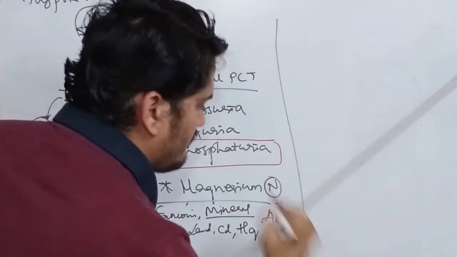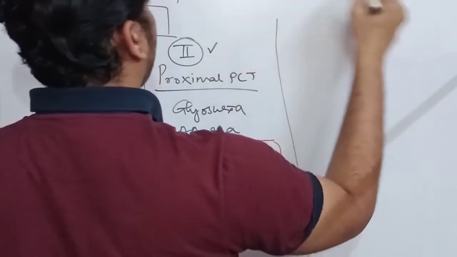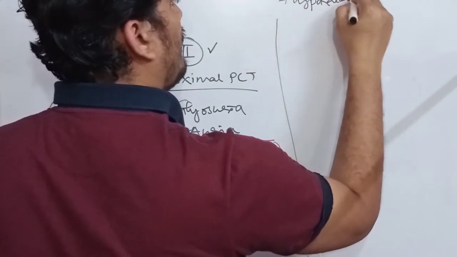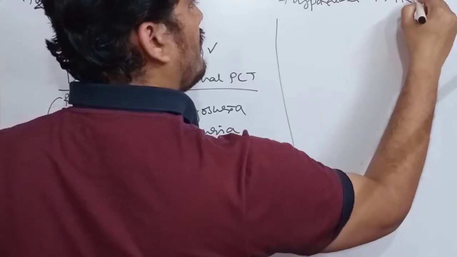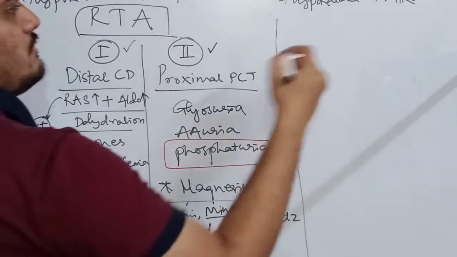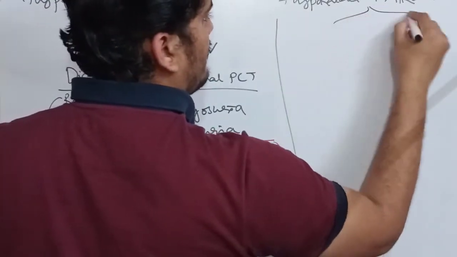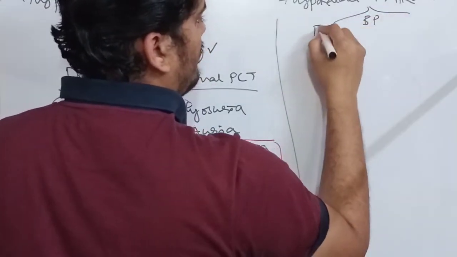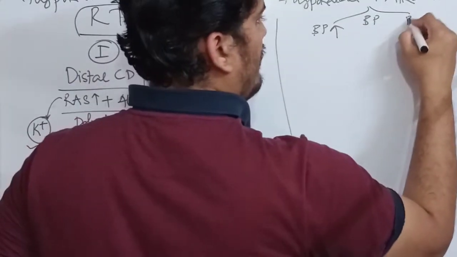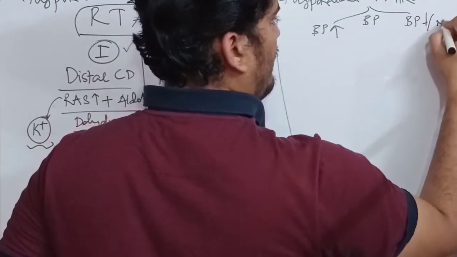Next one, that is clinical spectrum of hypokalemia and alkalosis, because here it is acidosis. In this, what we did is we checked the blood pressure, and blood pressure was high in few cases, and low to normal in few cases.